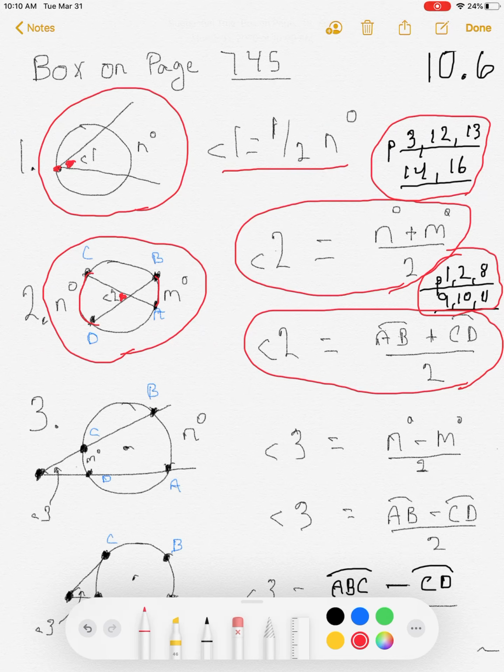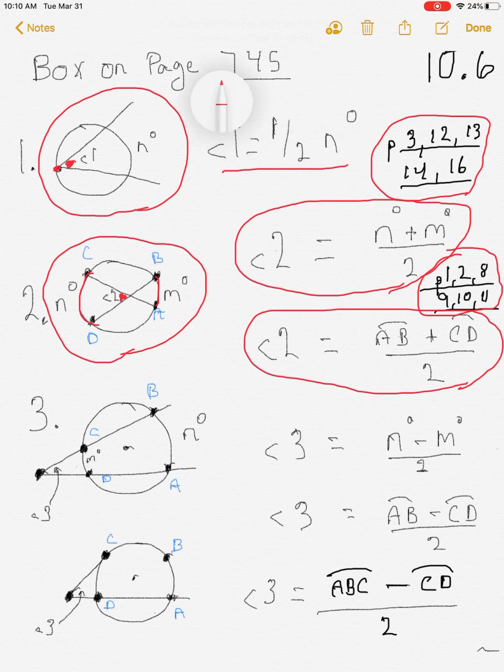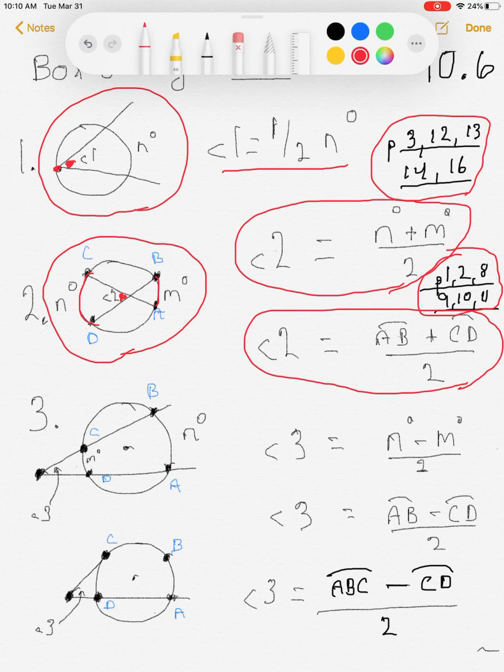I'd now like to move on to the third mathematical statement for this unit. This is a situation where the two lines intersect outside of the circle. The first thing I have pictured here is that the two lines are both secants.